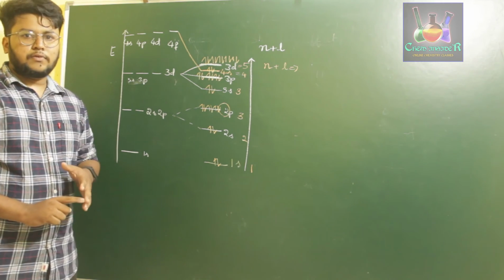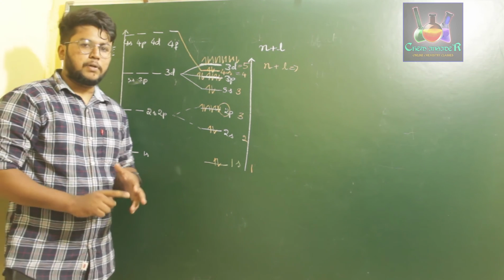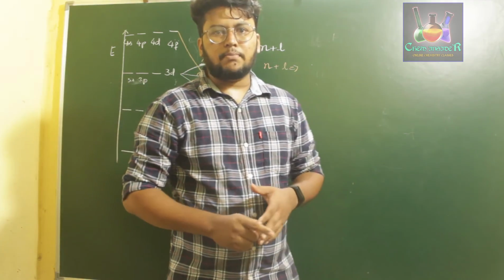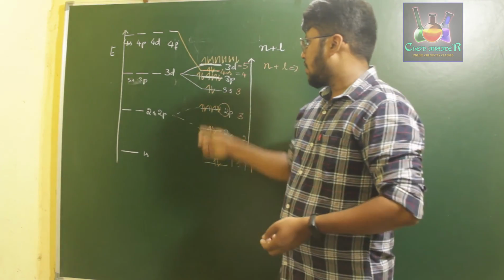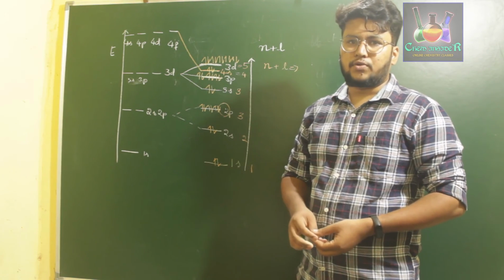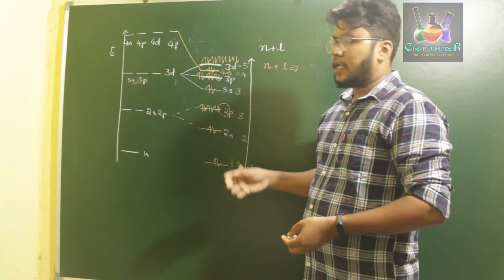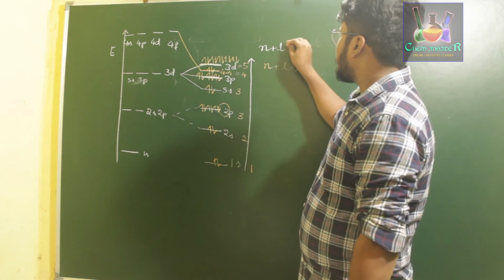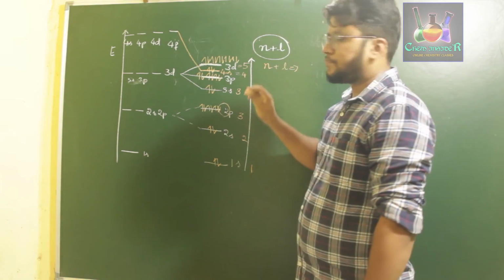Using all these theories, we can clearly say how the electronic configuration of a given element can be filled. Once this energy is completely understood, you can next go on to the filling of electrons in a given orbital. So remember, this n plus L value is more important.